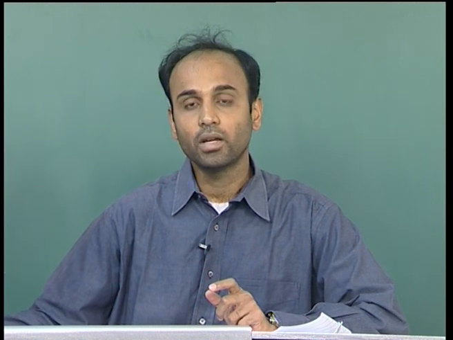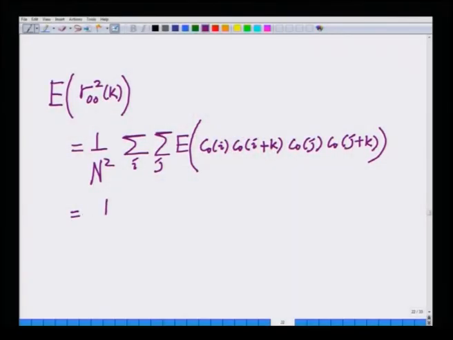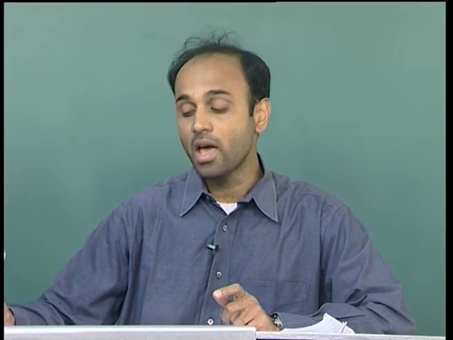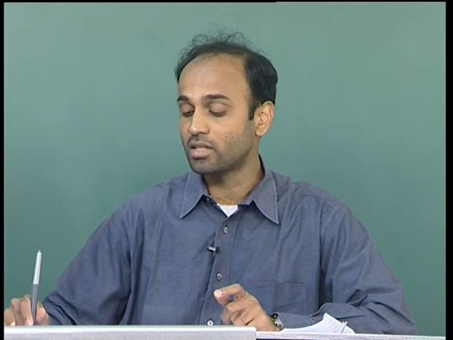However, if i equals j, that is the only term that survives, that will become 1 over n square sigma i expected of C0 square i, C0 square of i plus k. So, when i is not equal to j, all such terms will become 0. When i equals j, we have C0 square of i, C0 square of i plus k.